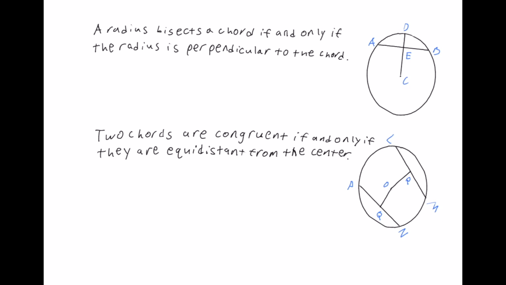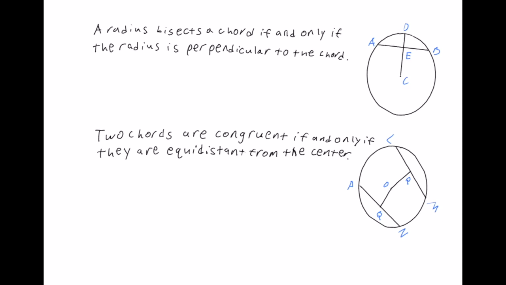So the first one is a radius bisects a chord if and only if the radius is perpendicular to the chord. Now, quick thing, if and only if. Whenever you see if and only if, that means it works both ways. So this theorem here actually says two different things.